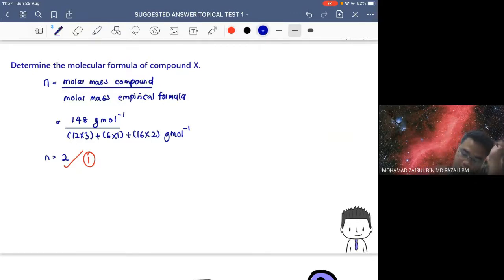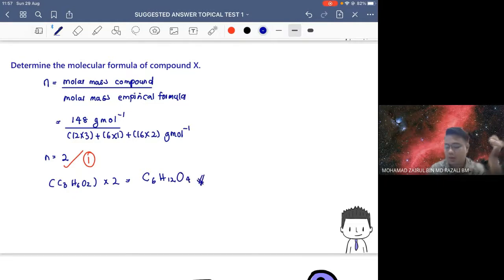So your empirical formula is C3H6O2. You multiply by 2, you will get C6H12O4. So this is your molecular formula. For this molecular formula you get another 1 mark.